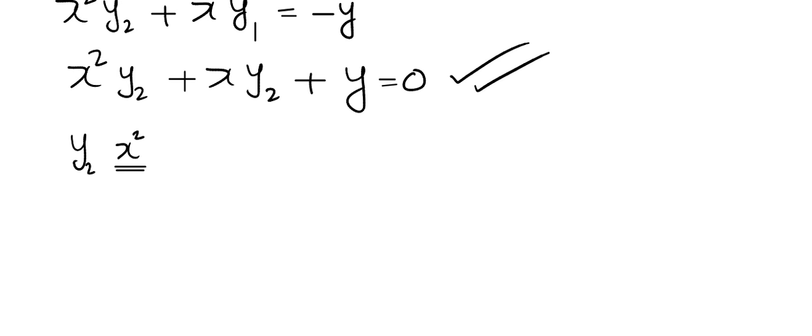Look at this. The derivative of y2 is y3, y4, y5, y6, y7, y8. It goes on like that. But when you differentiate x square, you get 2x. 2x becomes 2, and then if you differentiate, it becomes 0. So look at this.